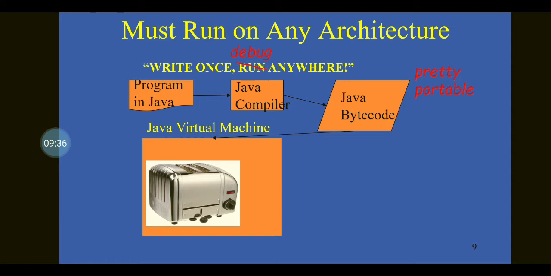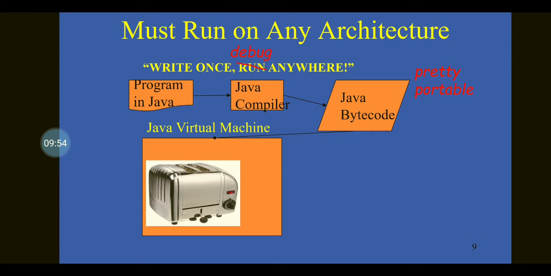Anywhere means that it is platform independent. In any platform we can write a Java program, and similarly the same program can be executed in some other platform also.